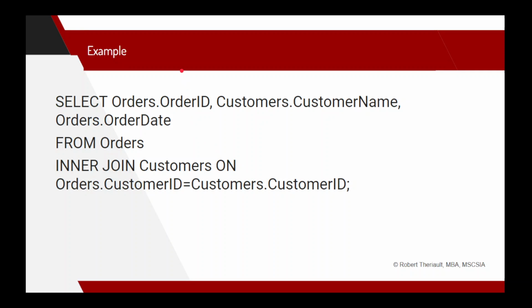Now, one thing you need to understand about doing this, because we are working with two tables, is that sometimes you might have the same column name in both. You need to put the table name dot column name. So my orders table, this column. My customers table, this column. Orders table, this column.